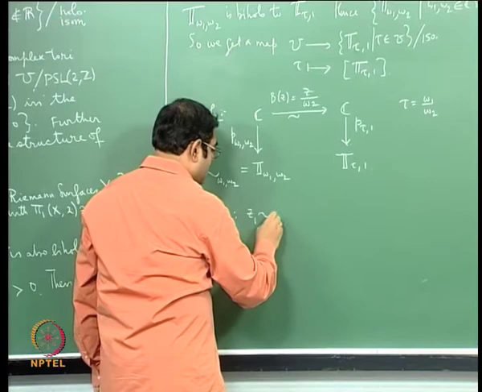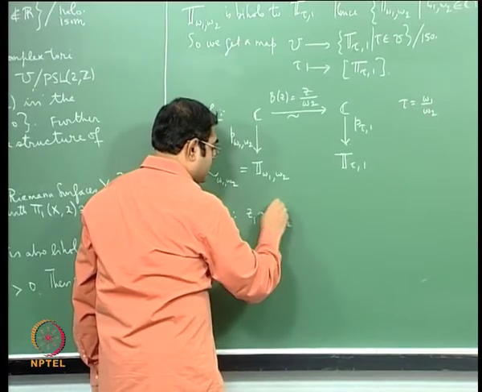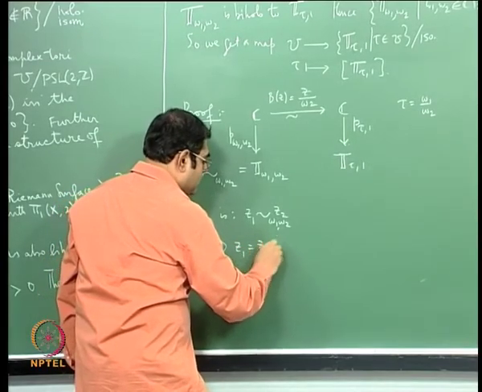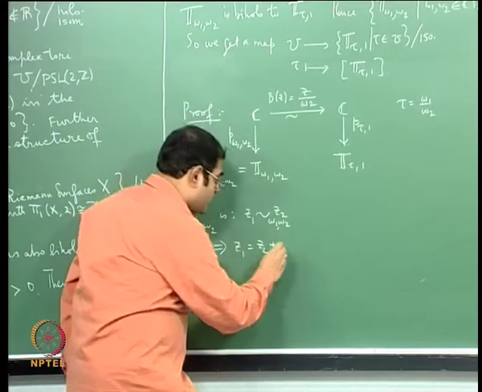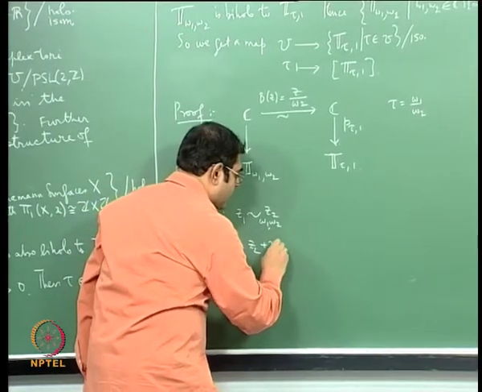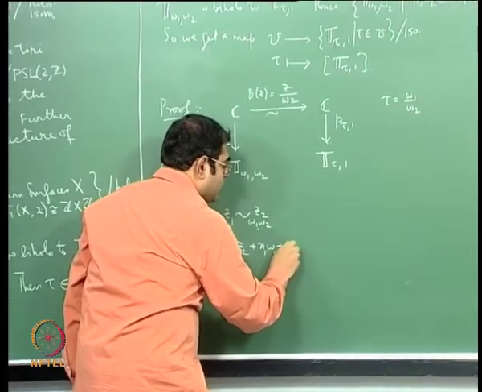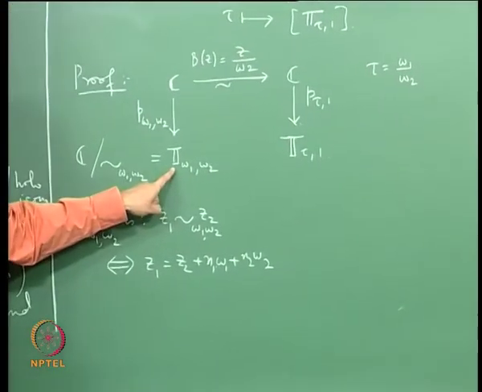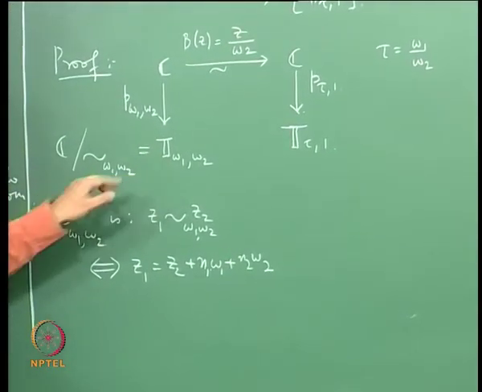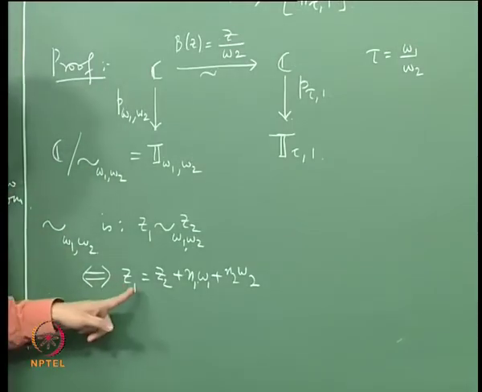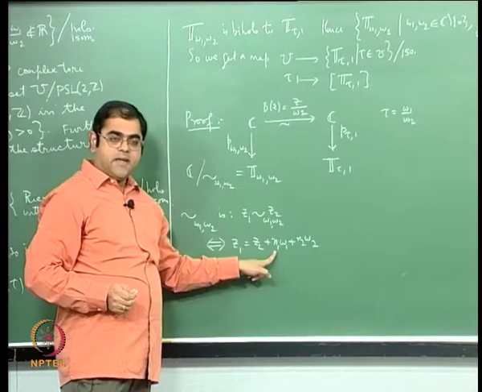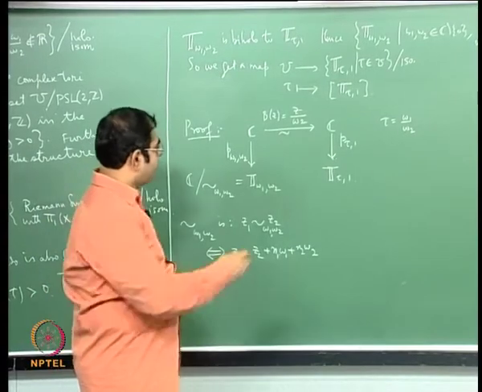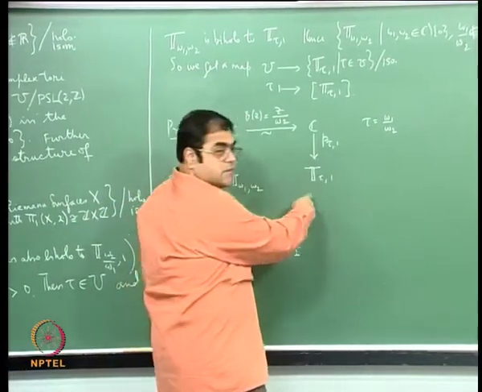Z1 is equivalent under this relation to Z2 if and only if Z1 is Z2 plus an integer linear combination of omega 1 and omega 2, let me say n1 omega 1 plus n2 omega 2, okay. This is another way of saying that you are going modulo translations by integer multiples of omega 1 and omega 2, alright. And you have a similar statement here.